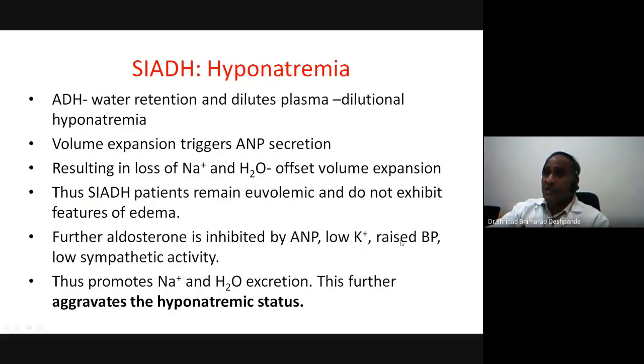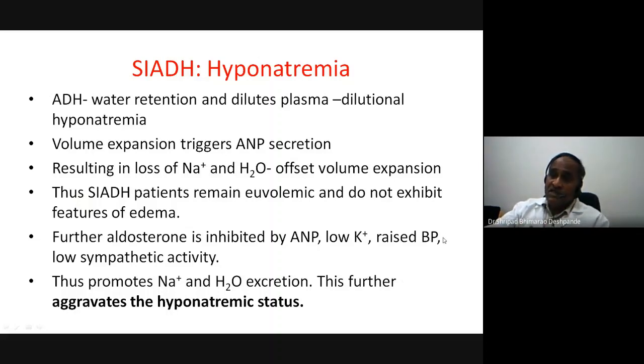Further, what is happening? The blood pressure is either remaining the same or a little higher, because there is more ADH. ADH produces the pressure response. The blood pressure is raised, and the plasma volume is also increased, and ADH per se, vasopressin, elevates the blood pressure.